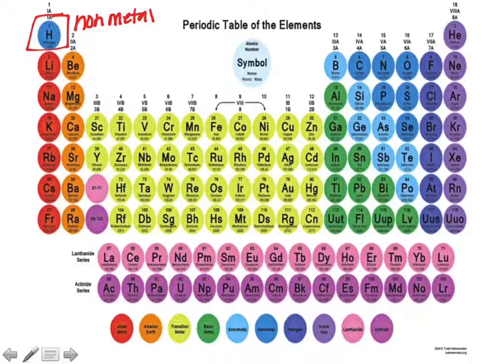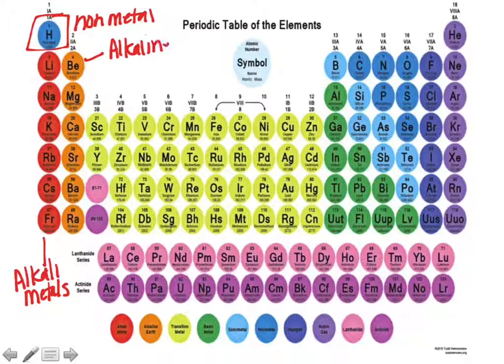Okay, so that very first column is called the alkali metals. Those are the only ones. The group right next to it is called the alkaline earth.